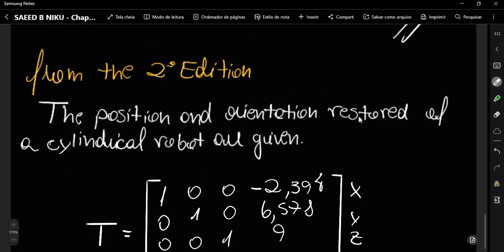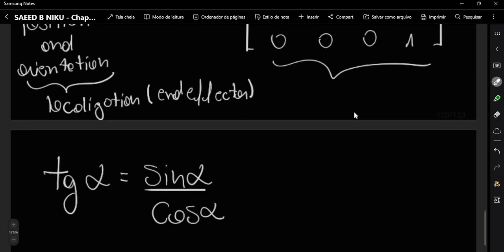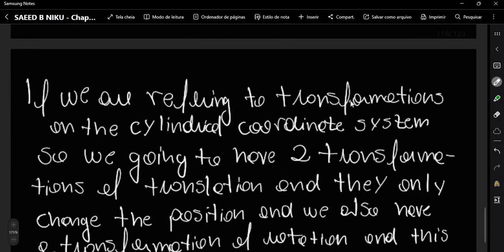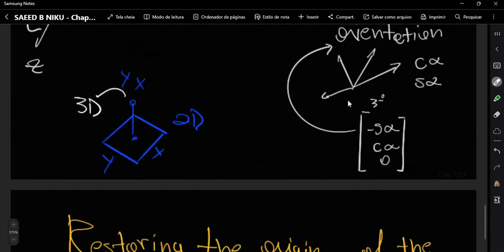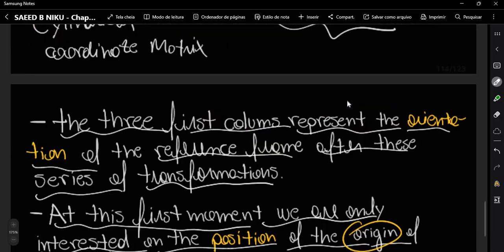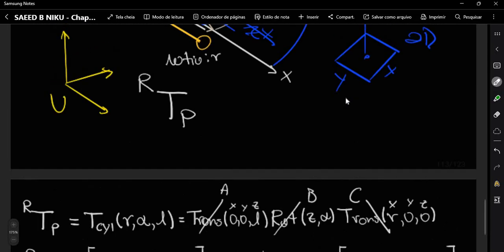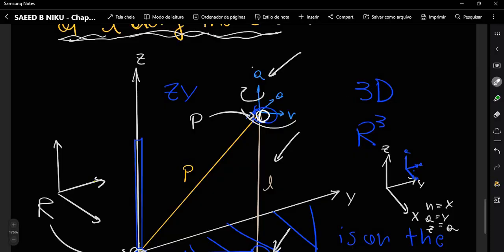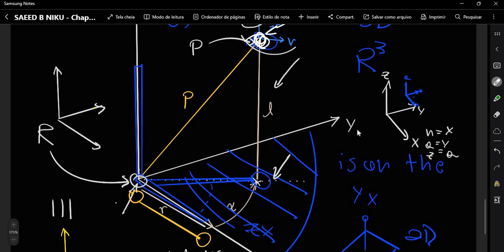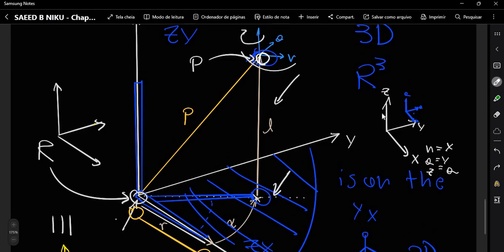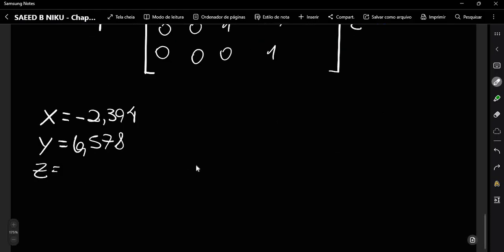So in this drawing right here, these elements represent the orientation of the end effector. As L is equal to Z, which is equal to 9, okay, nine.